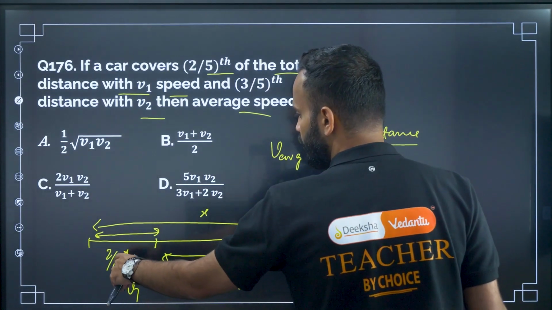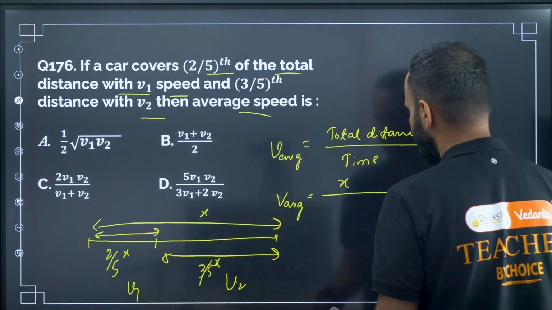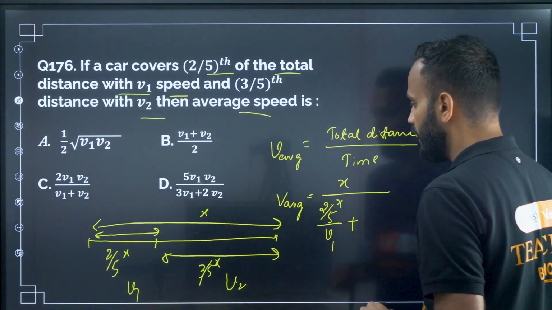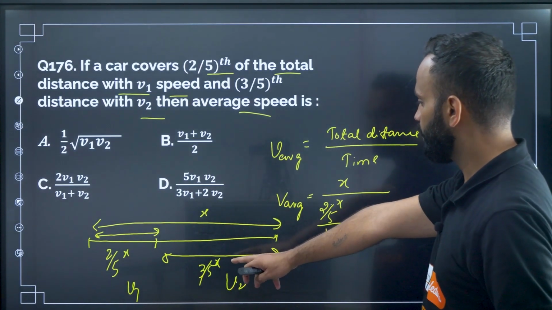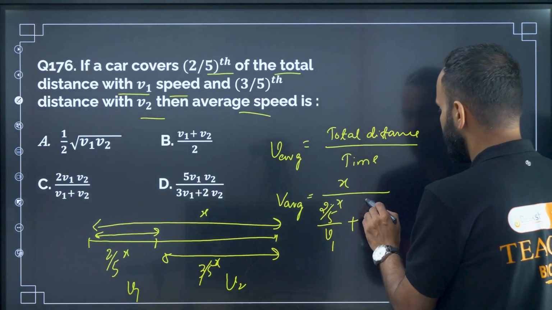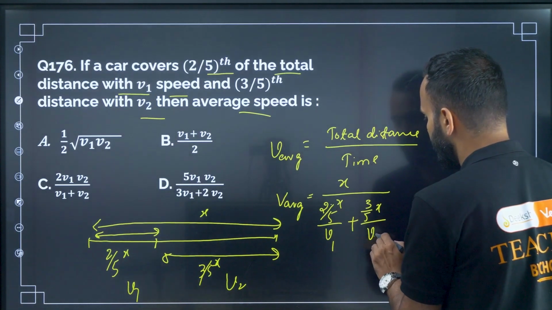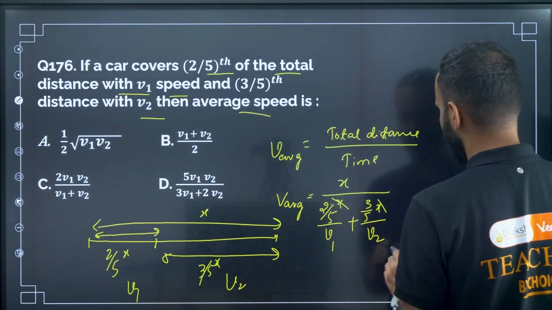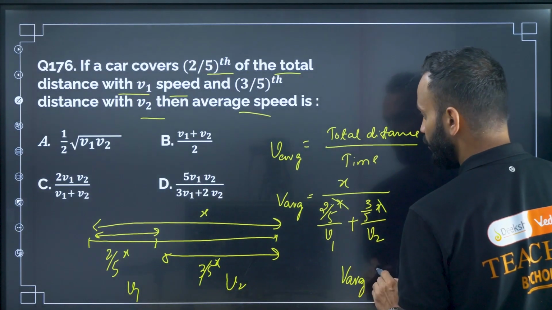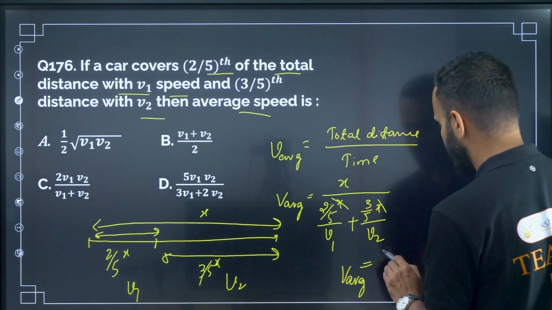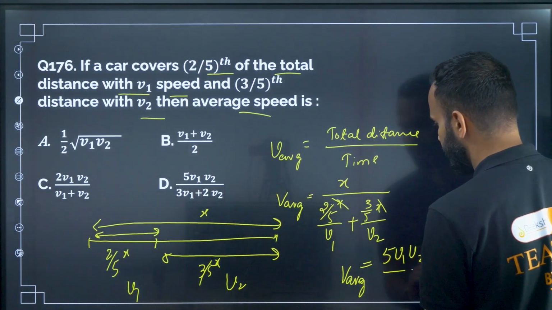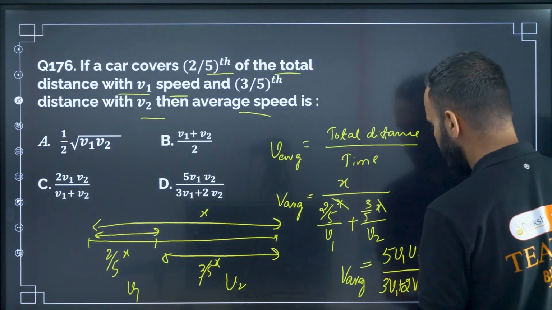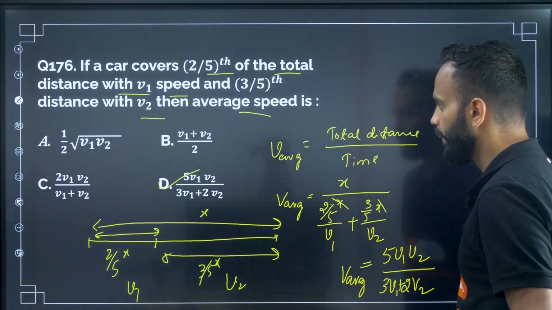Here it covers 2/5 of the total distance with velocity v1, that is 2 divided by 5 into x divided by v1 plus 3/5 of total distance with v2, so 3/5 x divided by v2, right? Here anyway x will get cancelled, right? So v average is equal to, now solve this, you will get 5 v1 v2 divided by 3 v1 plus 2 v2. Okay, so the correct option is D.